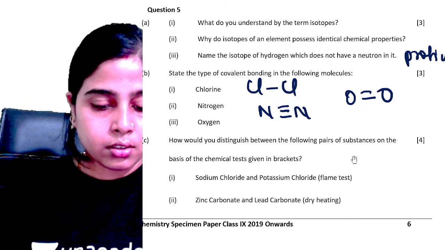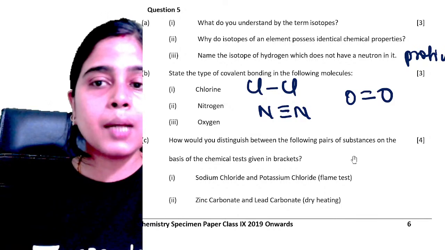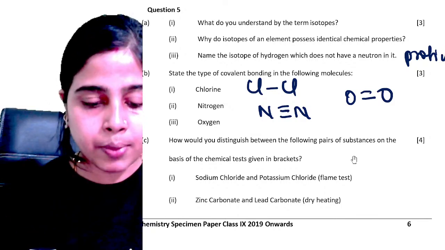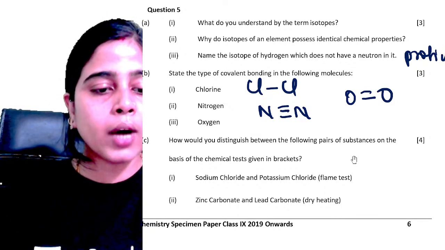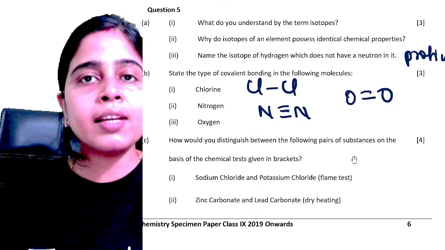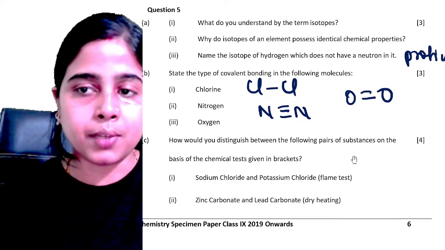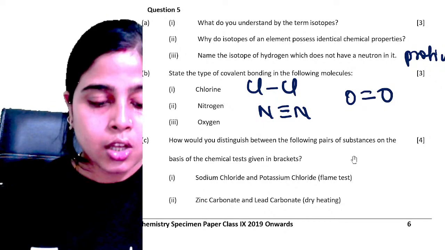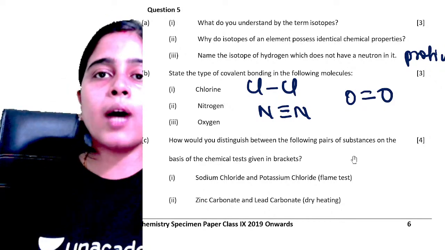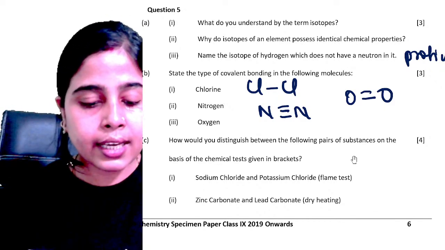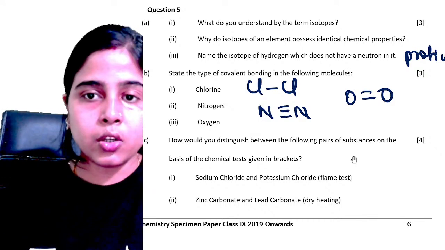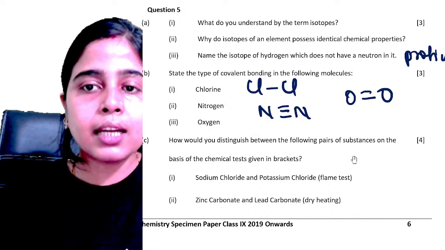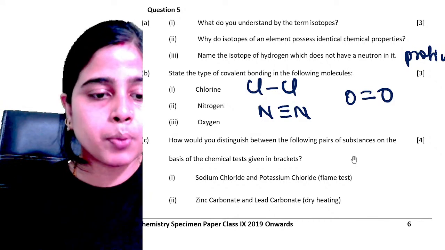Whenever you are burning ionic compounds, generally the elements having low ionization enthalpy impart some color to the flame. So whenever the elements with low ionization potential are heated, they show some color. What type of color is shown by sodium chloride and potassium chloride?